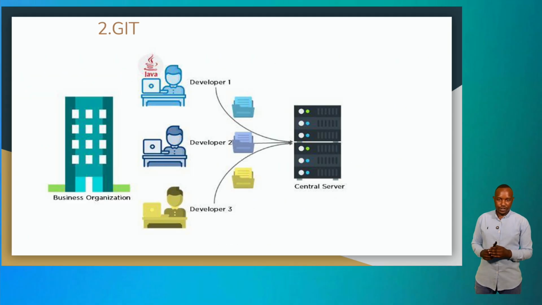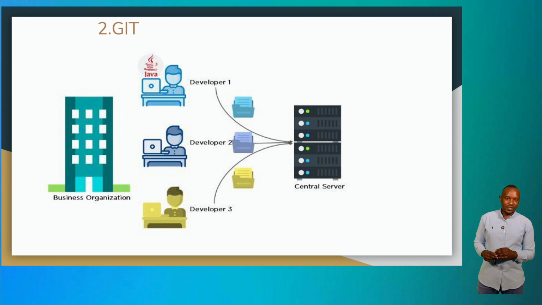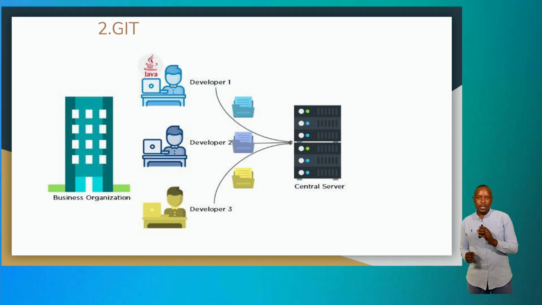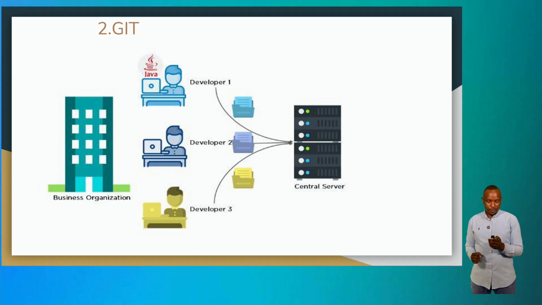As you see in this diagram, we have the business organization, developer 1, developer 2, developer 3, and the central server. The image shows how code from developer 1 can be communicated to developer 2 through the central server.